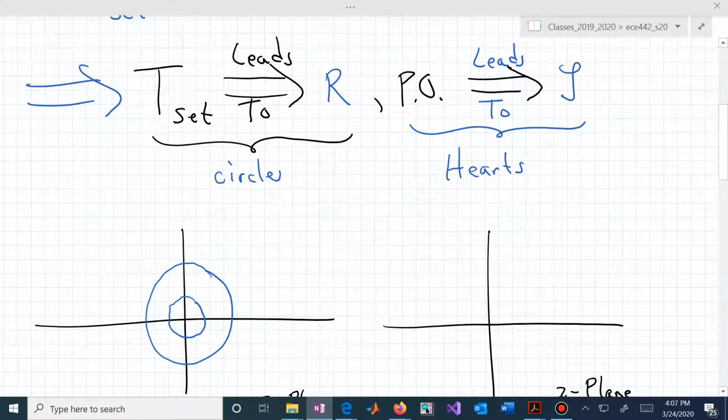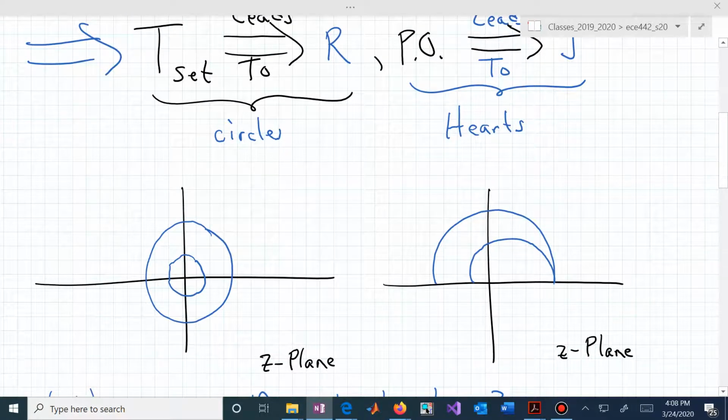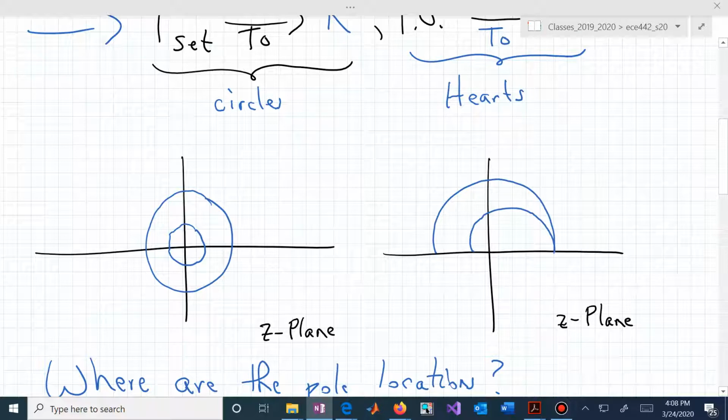With respect to these hearts, the unit circle is going to be a zeta value of 0. If we have a bigger zeta value, then we have a smaller heart shape. We want to obtain a pair of complex conjugate poles z sub delta that satisfy a settling time specification and a percent overshoot specification simultaneously.